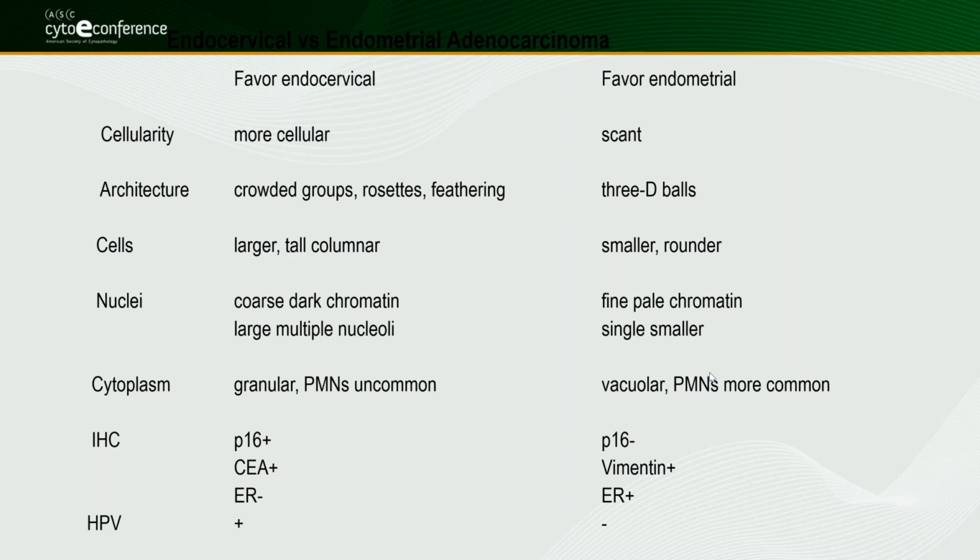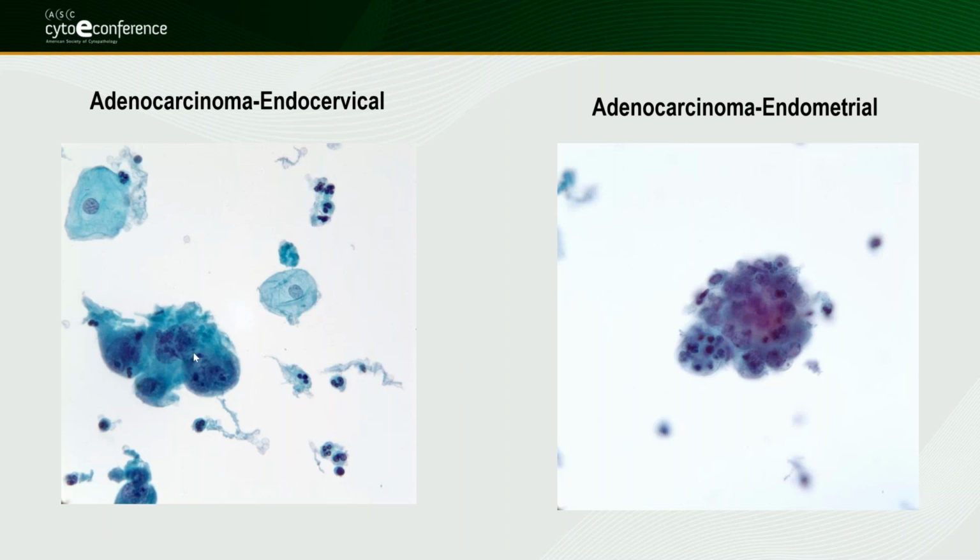And if we have a cell block to do immunos, endometrial cells are typically not associated with HPV, so they are P16 negative and ER positive. And for endocervical adeno, again, be aware, we also can have HPV negative, not associated endocervical adeno, but most of them are associated. So if we have positive P16 and negative ER and positive HPV, that's definitely favor endocervical. So this is endocervical adenocarcinoma on the left side. You have these macronucleoli, abundant granular cytoplasm, and cells are bigger.